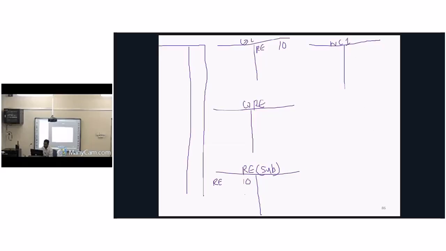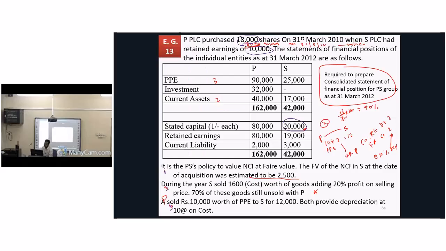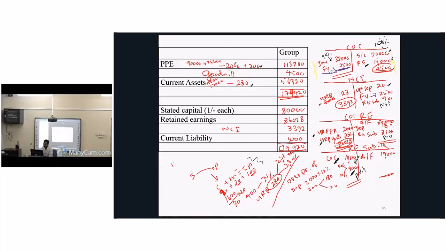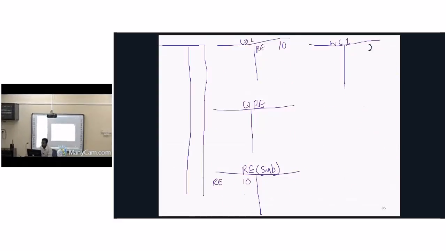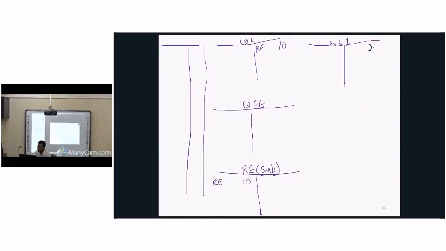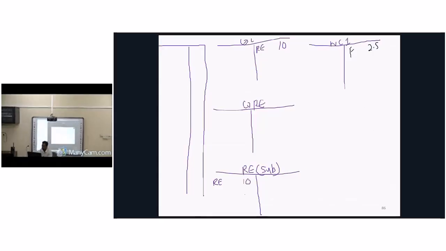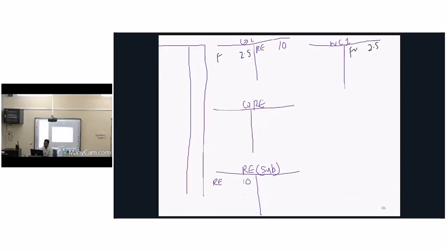Then the next double entry, fair value of NCI, 2,500. Here credit 2,500 means 2.5, and cost of control debit 2.5. Fair value of NCI. Right. It's done.